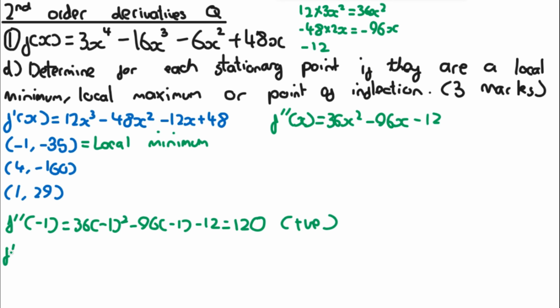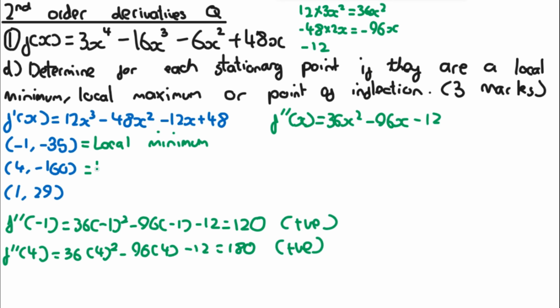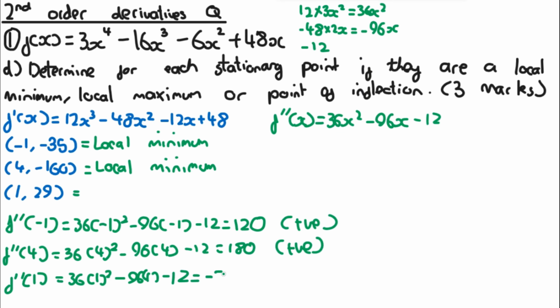Then f''(4) is equal to 36(4)^2 - 96(4) - 12, which is equal to 180 if you put it into a calculator, which is again positive, so this is also a local minimum. And then f''(1) is equal to 36(1)^2 - 96(1) - 12, which is equal to -72, which is a negative number, so therefore this is a local maximum.